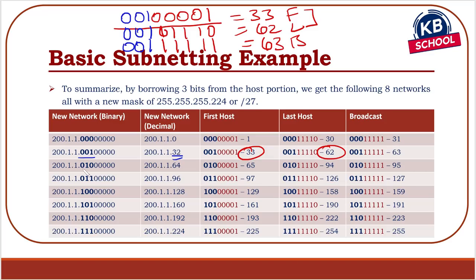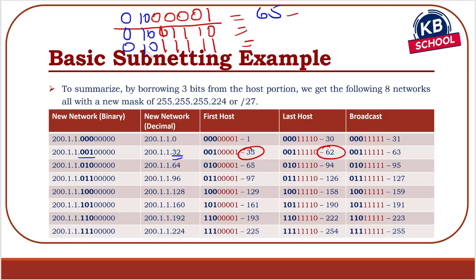On the third network, which would have been 010, so again, if I change this to 010, my host portion is still the same. It just starts with 64, so this becomes 65.